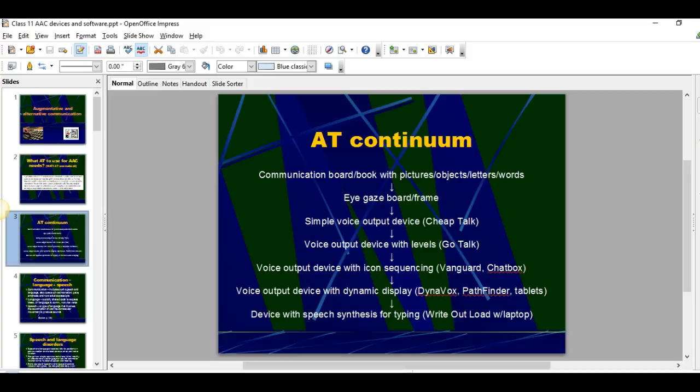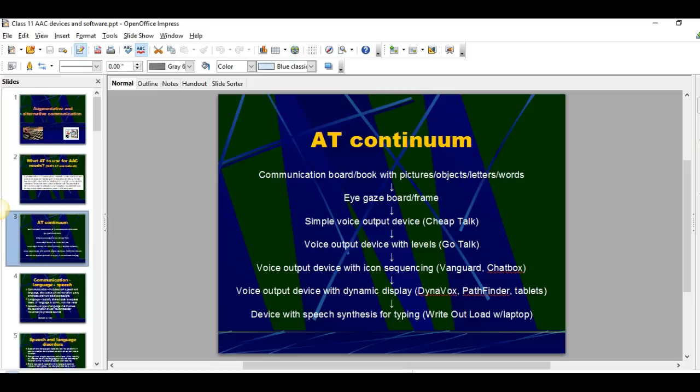Even more technologically advanced is a Cheap Talk, which is a simple voice output device that may have some recording options in it. Also, there's a voice output device with different levels, such as GoTalk. It has 2 levels, where each picture could have different messages. There's a voice output device with icon sequencing, such as Vanguard or Chatbox.